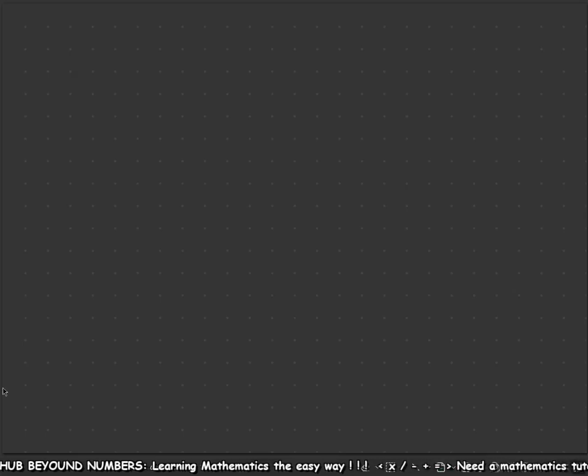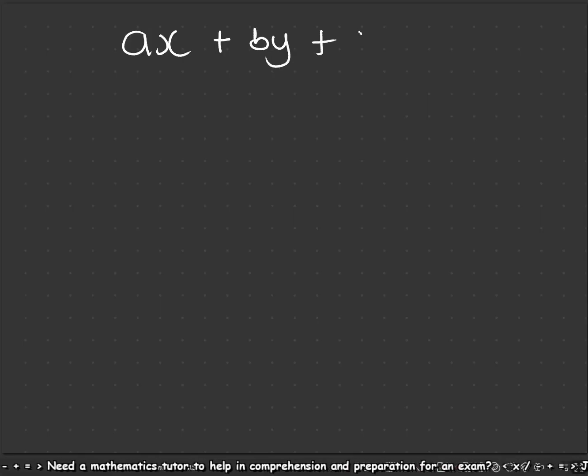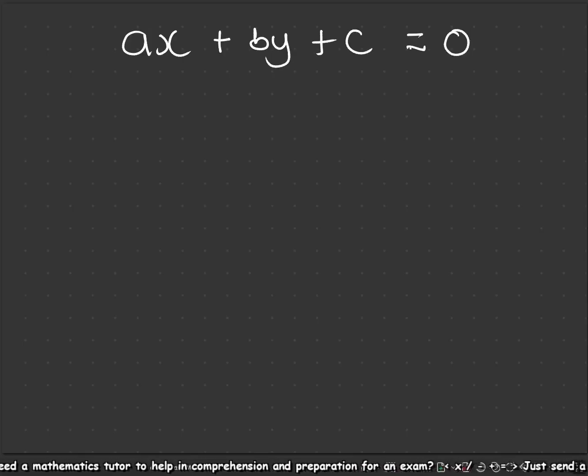Talking of the equation of a straight line, there are basically two forms we write it. The first form is called the general equation of a straight line, and it is written as ax plus by plus c is equal to 0.